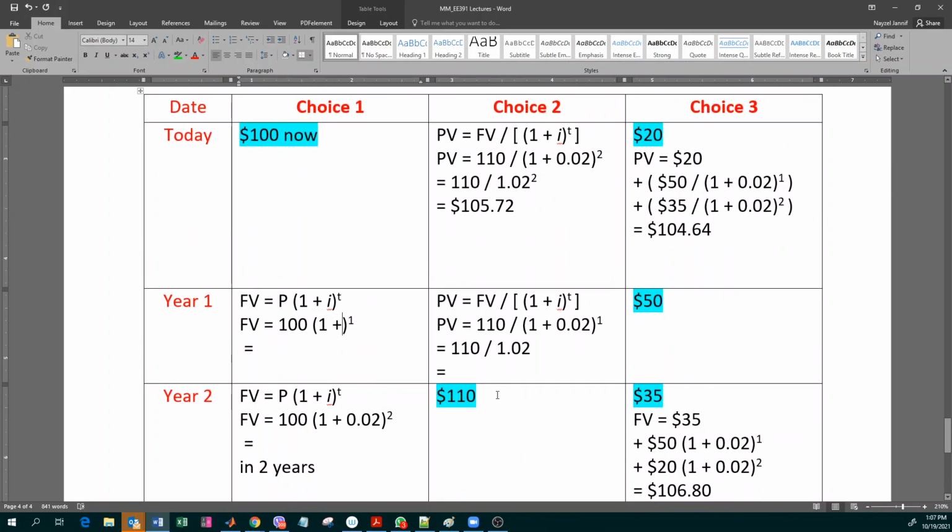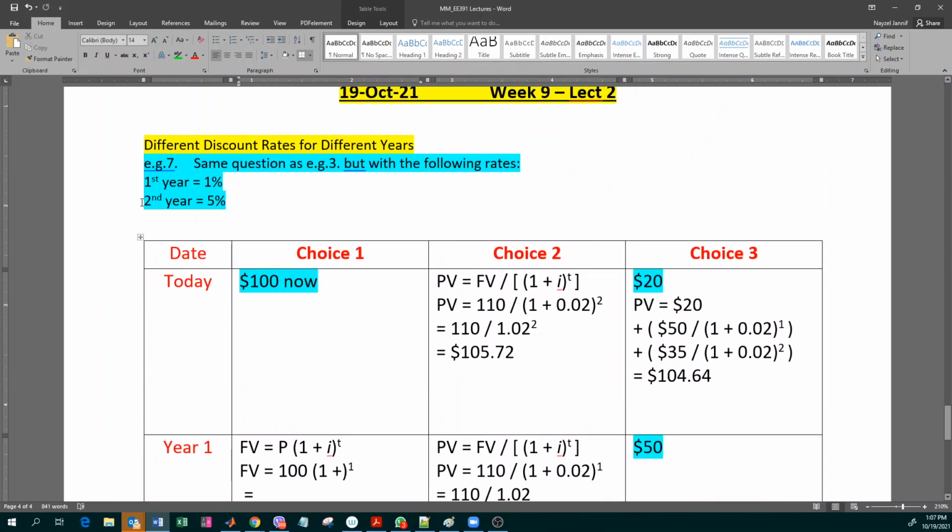Remember, choice number 2 has to be rolled back from year 2. Because of that, we have to apply a discount rate, in this case 5%. Why do we get 5%? Because if somebody stayed with the bank for 2 years, they would have received an interest rate of 5%. So we change that to 5.